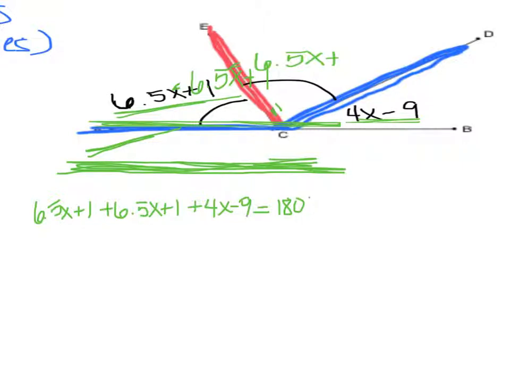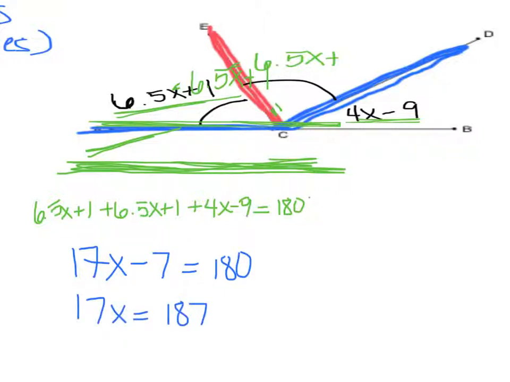Okay, so just combining like terms, 6.5, 6.5, and 4, that's 12, 13, that's 17x. And then 1 plus 1 is 2, minus 9 is minus 7, equals 180. So if I add 7 to both sides, 187, and 187 divided by 17 is going to be 11.